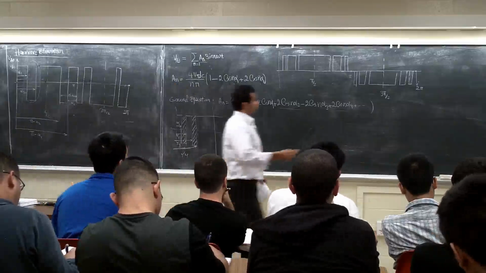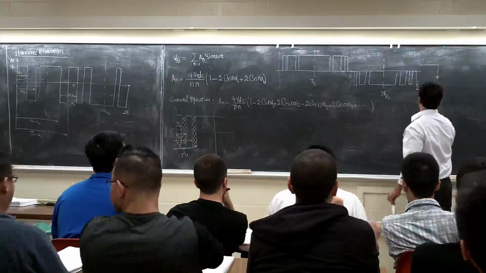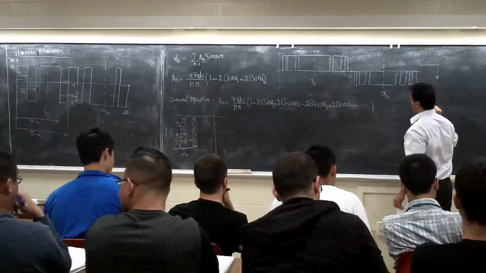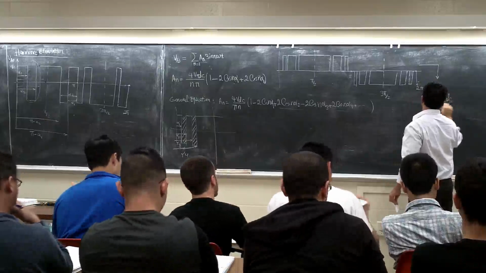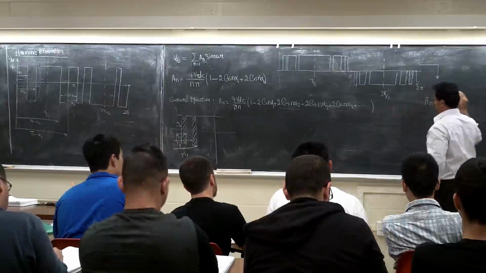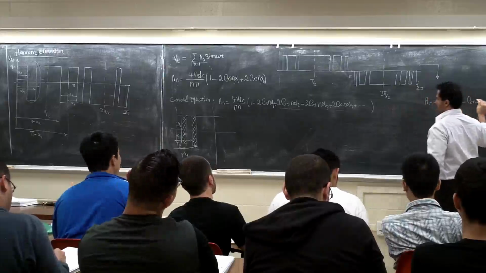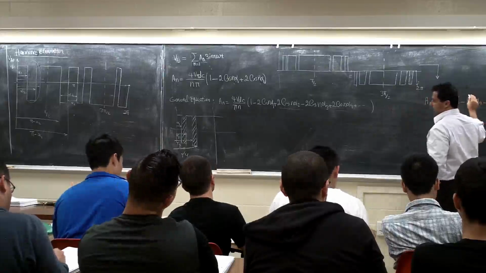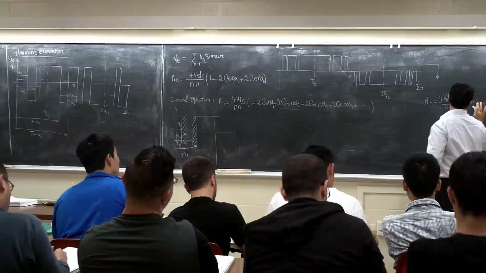For this one, AN is gonna be... sorry, say that one is wrong. It's gonna be cosine of n alpha 1 minus... plus cosine of n alpha.